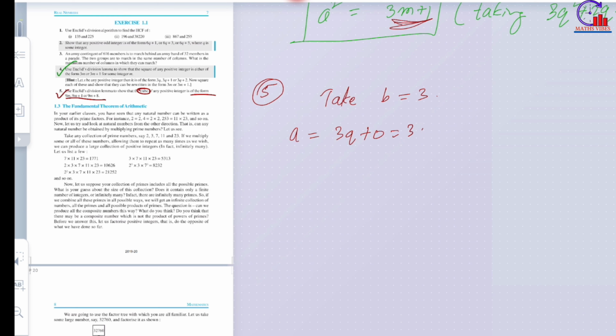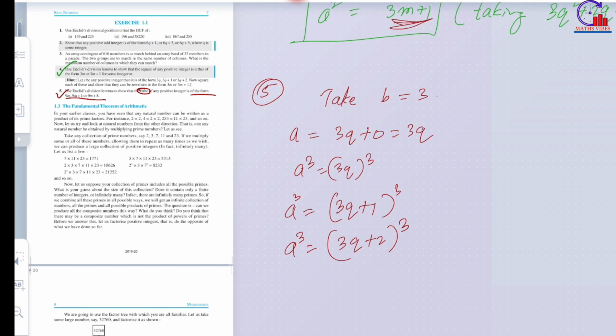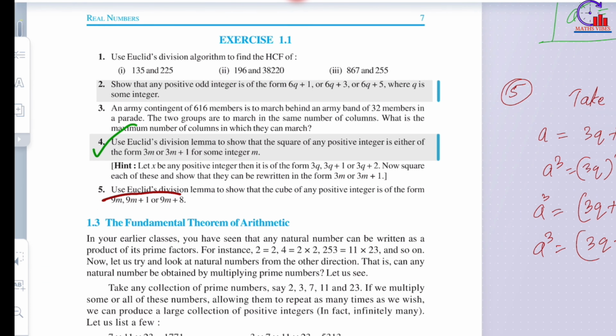So a is equal to 3q plus 0 if my remainder is 0. So a cube is equal to 3q cube. So a is equal to 3q plus 1 if my remainder is 1, and 3q plus 2 if my remainder is 2. You have to take the cube of the numbers and solve it, and you'll get these forms.